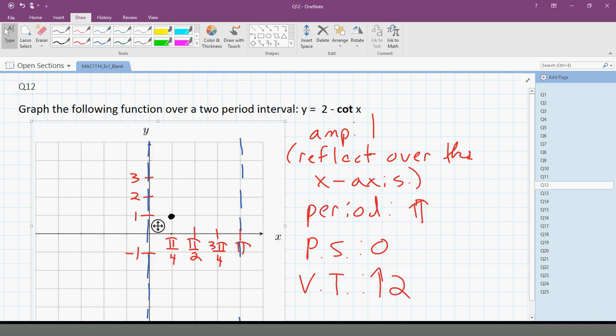We go up to 2. And then 3 pi over 4, usually it is down at negative 1. But now, because we flipped it, it was at 1, and we had to move it up 2, so it's right there. Now, I know this looks like a diagonal line, but remember, these graphs look like the cubic graph. So you just got to make it a little bit curvy. So you come up and curve and up. So that's the picture you're looking for.